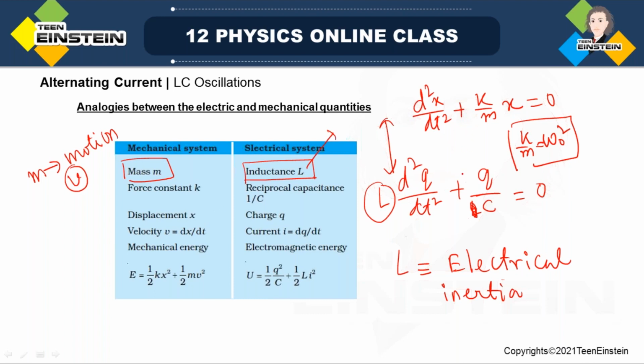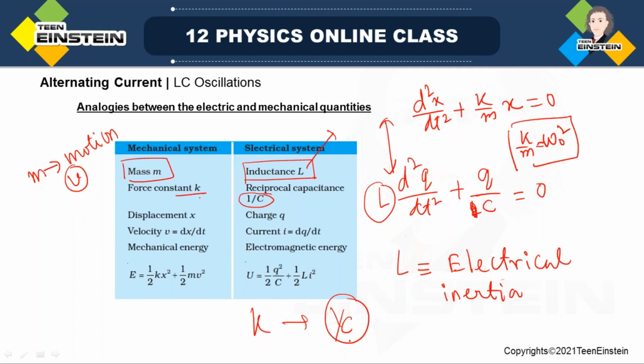Now look, if we compare these two equations, see 1 by c is actually equivalent to k. K is the spring constant in the mechanical system, which is actually analogous to the reciprocal of the capacitance.